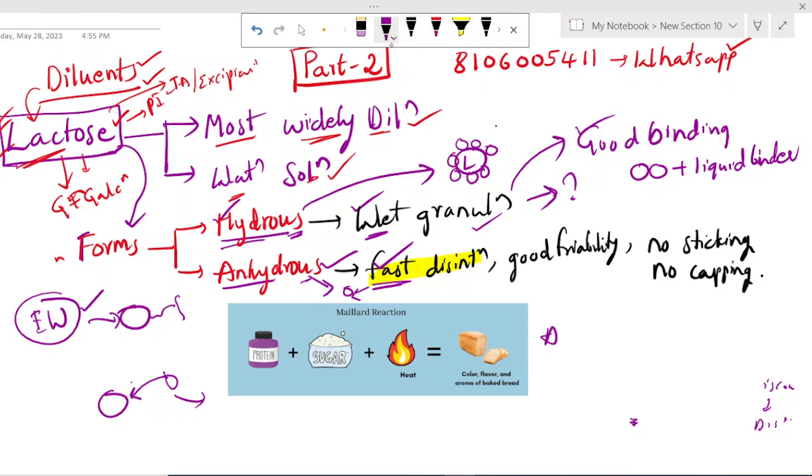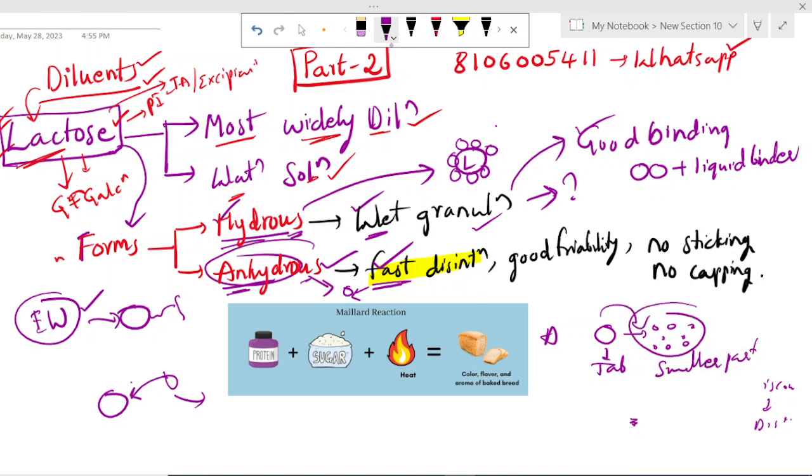That's why the enhanced wettability ensures effective uptake of moisture, facilitating the breakdown of the tablet into smaller particles.